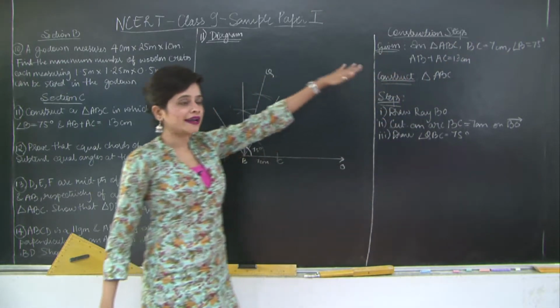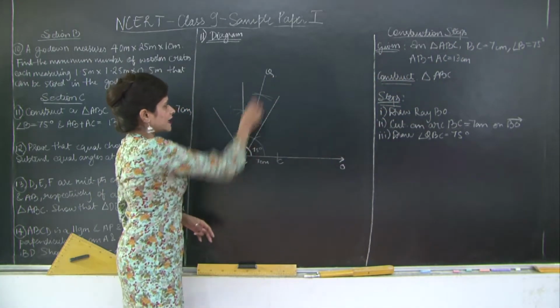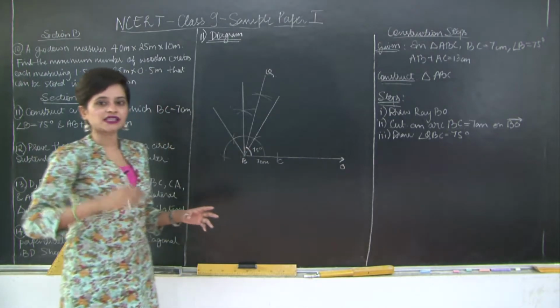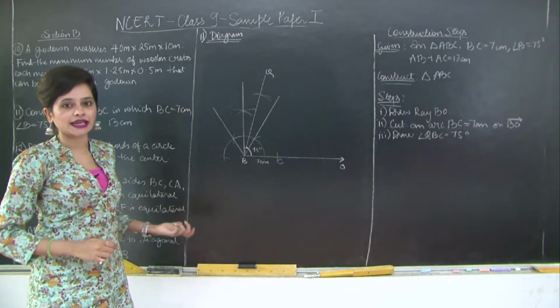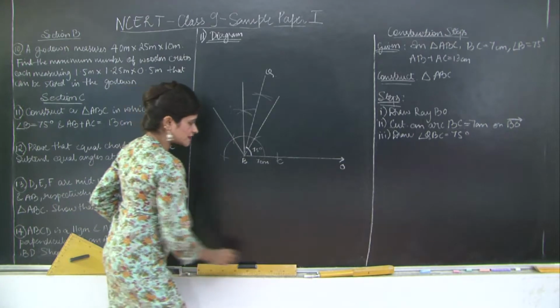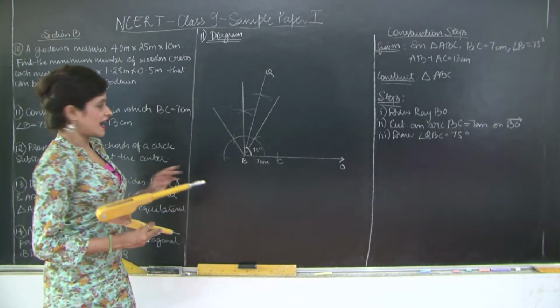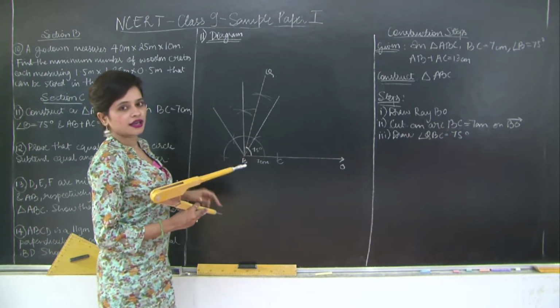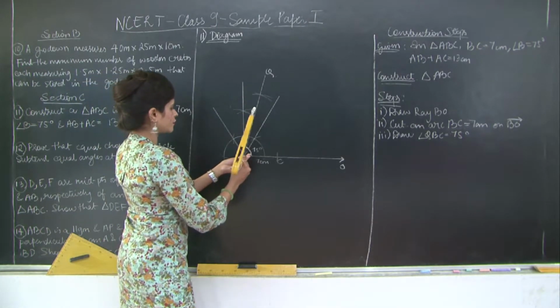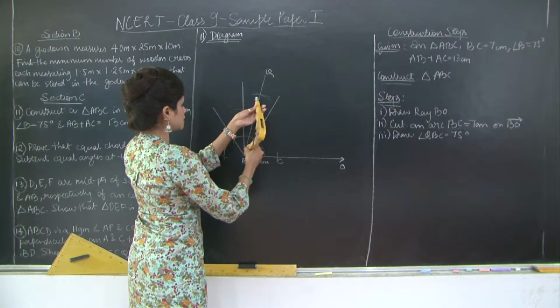Now we need to find point A on this line QB such that it will give us point A and eventually triangle ABC. So how do we do this? I'm going to take length 13 centimeters on my compass and cut it on the line QB.